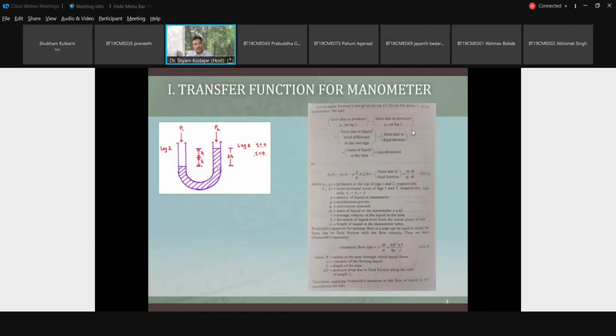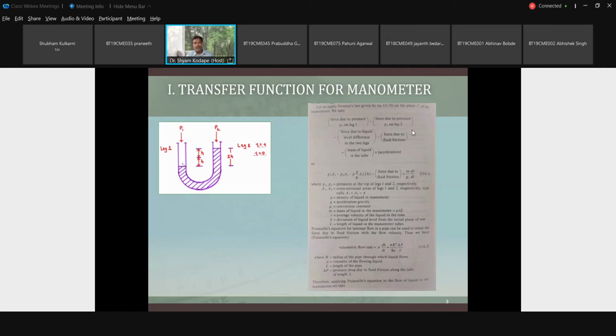For what reason? Because of P1, or because of delta P, that is P1 minus P2. The pressure differential will make the liquid flow in one direction. So in this case, what is the input? The input is the pressure change.